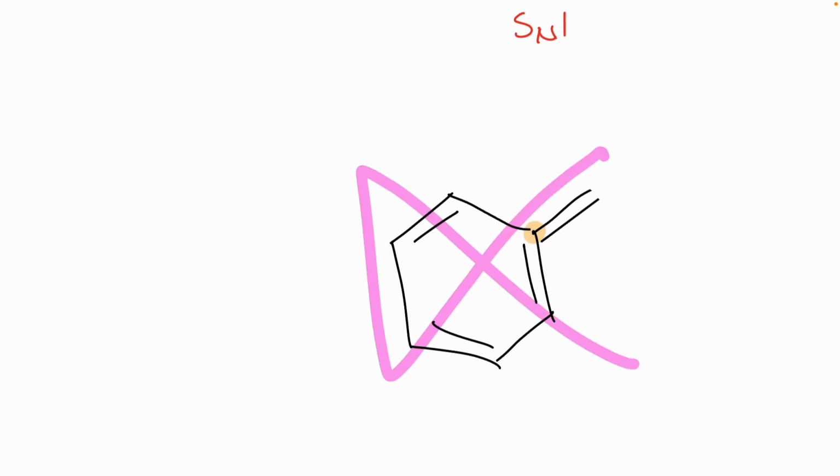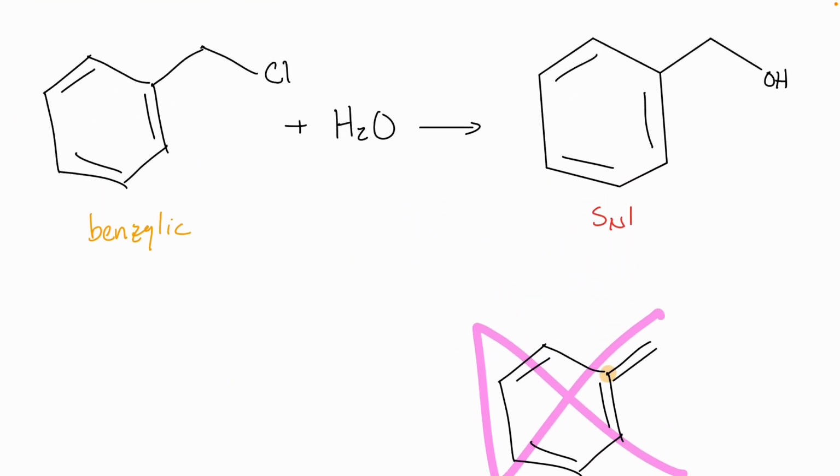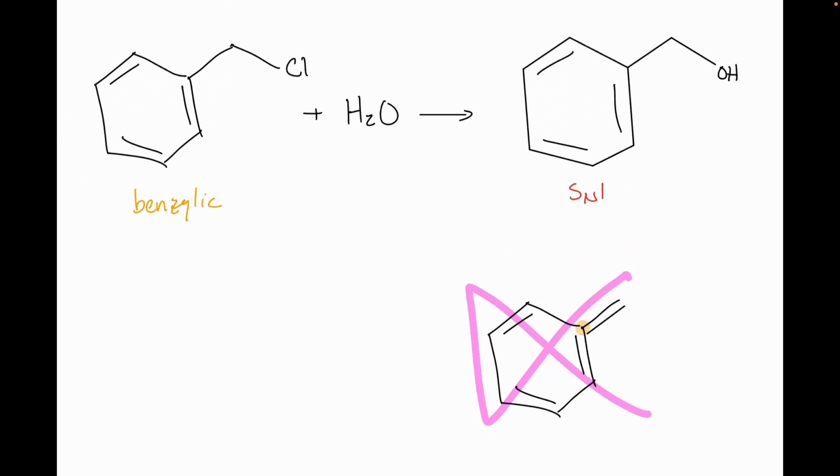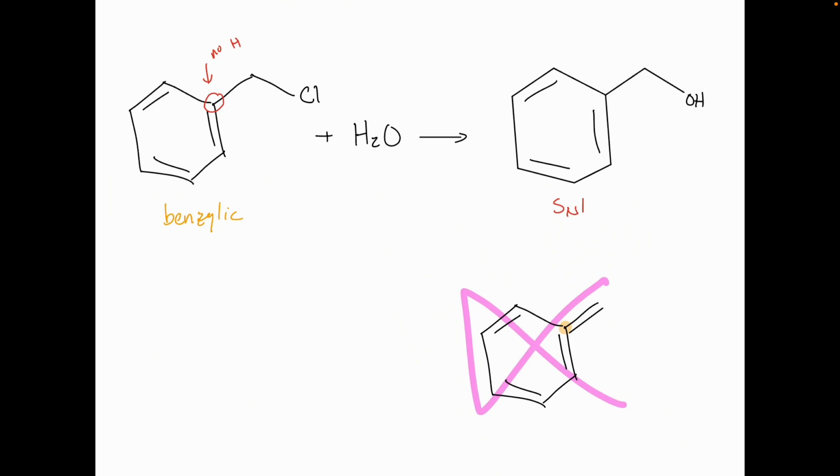This cannot exist, right? So there would not be any elimination product, because there's no hydrogen on this carbon, so there's not a possible double bond to draw. So just be careful, make sure you're not drawing anything illegal. Elimination is not possible.